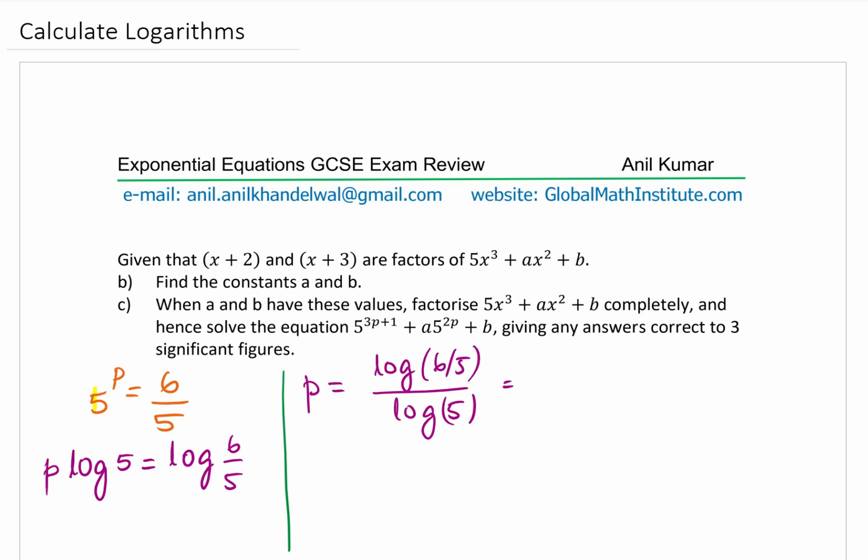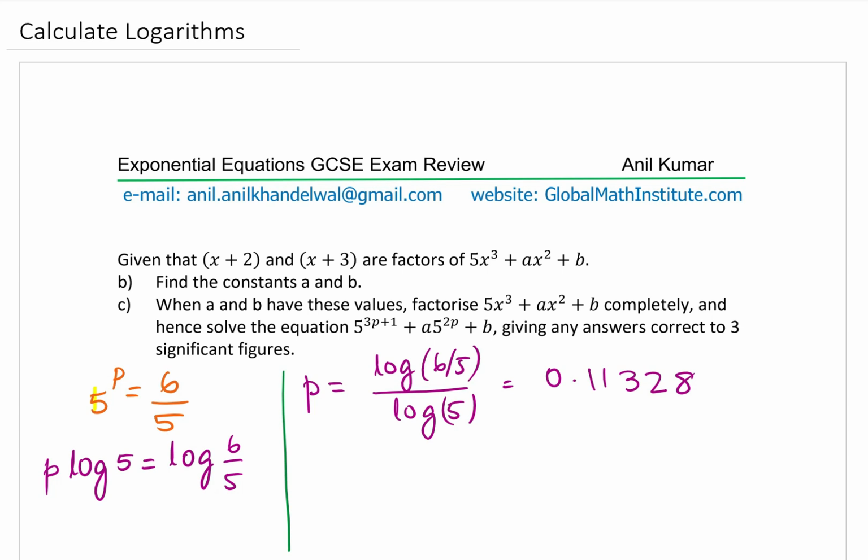So let's see, what do we get? Log of 6 divided by 5, and we have to divide this by log of 5. So what we get here is 0.11328.